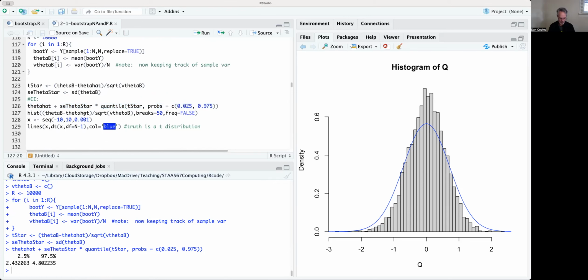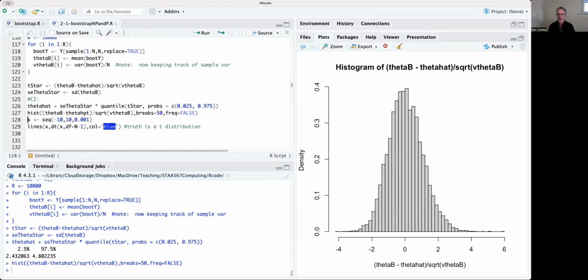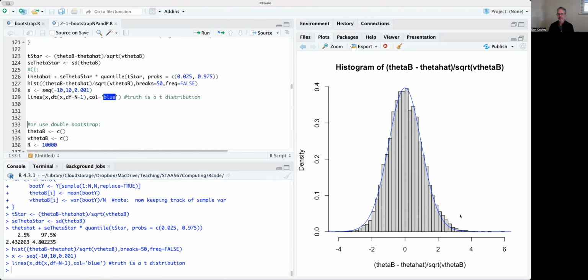So here is a histogram, and remember when we jumped to this new script, our true distribution that we were drawing from was a normal. And so the true sampling distribution, when we're estimating the standard error, is going to be a t.